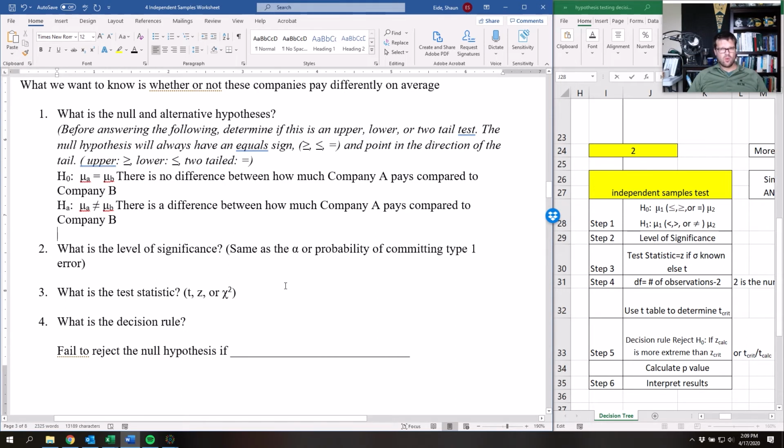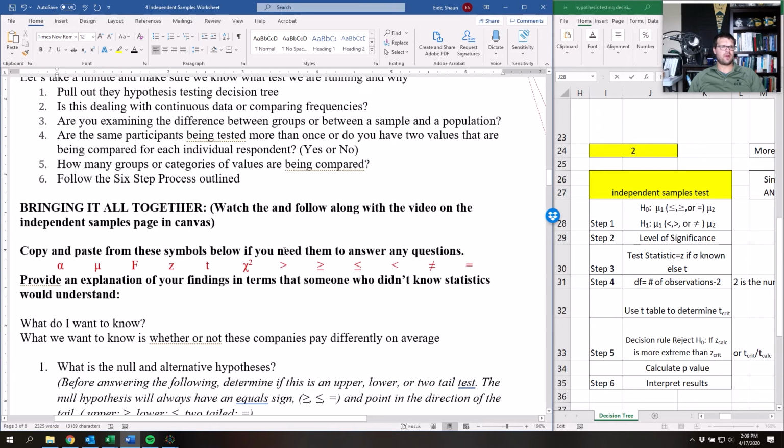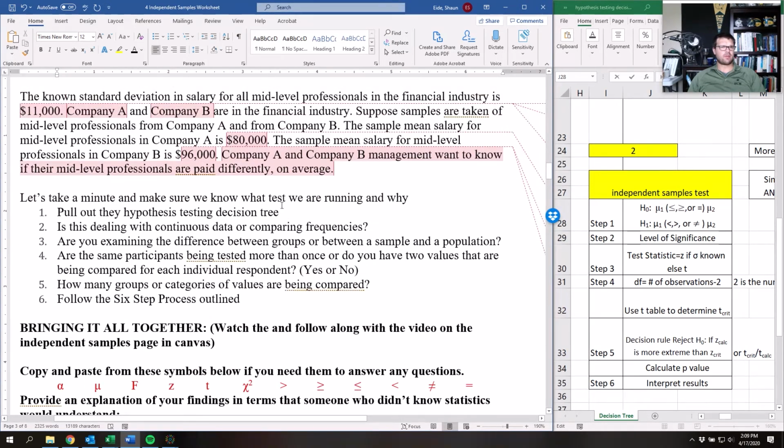what is the level of significance, or the alpha level, or the probability of committing type 1 error? So coming back up here, I don't know if it says what it is. Sometimes you just have to choose.